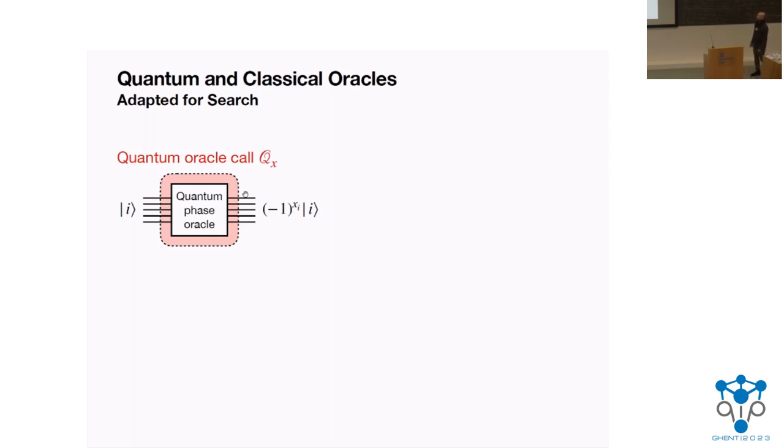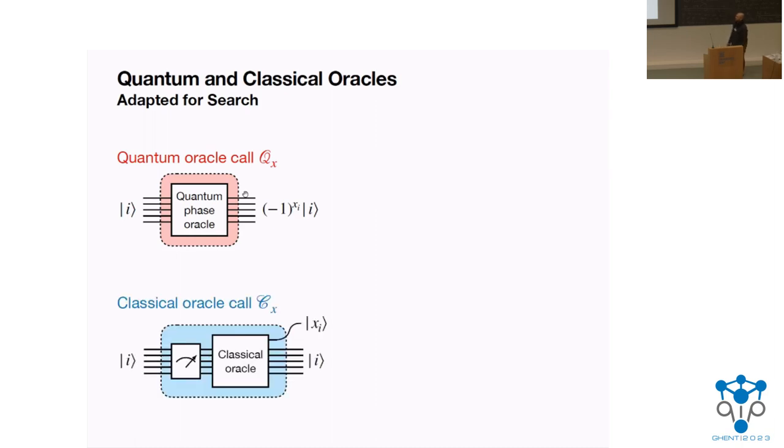So for the quantum oracle, we'll just take the phased oracle, which is the oracle we typically consider when, for example, analyzing Grover search. So for index i, we apply phase -1 if and only if xi is equal to 1. And also, we can call this oracle in superposition.